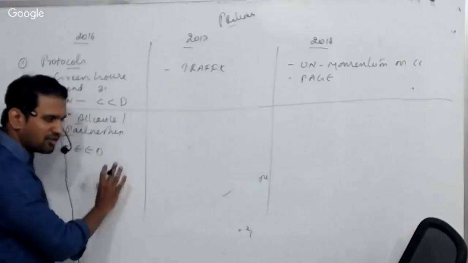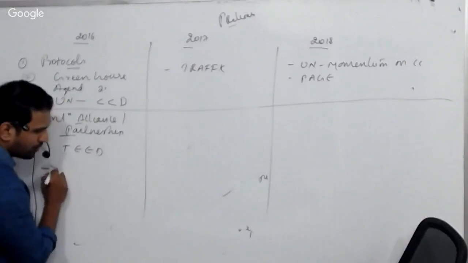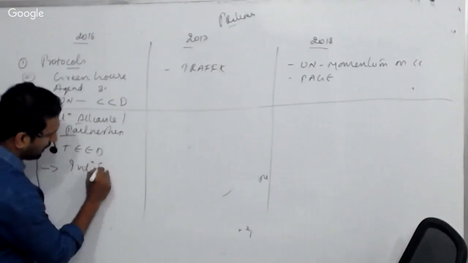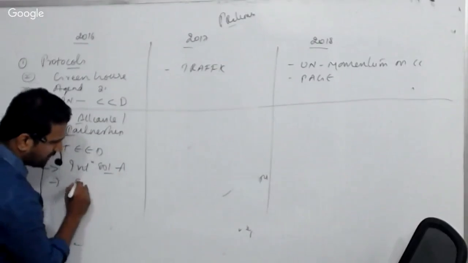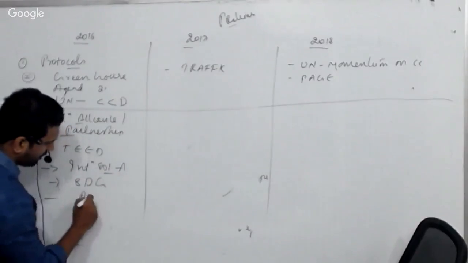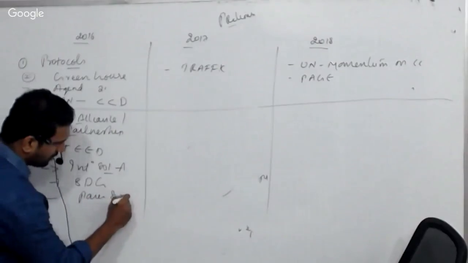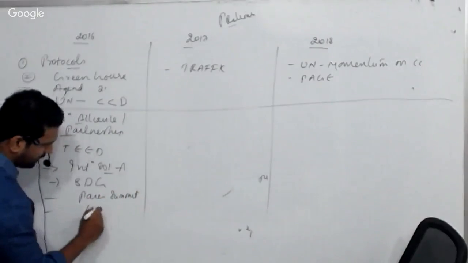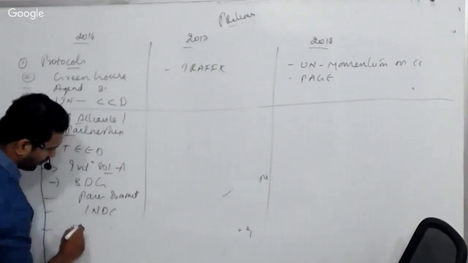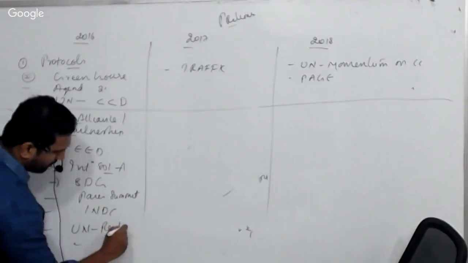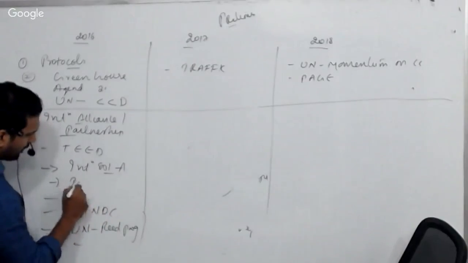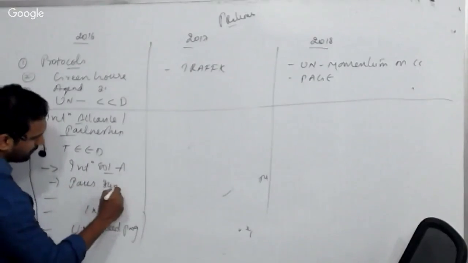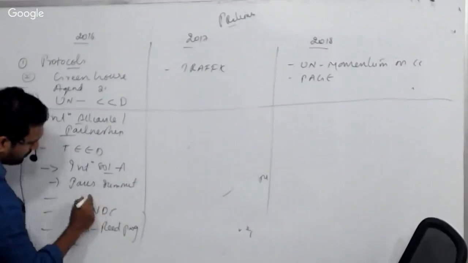There was a question on the International Solar Alliance, on SDG, on the Paris Summit, on INDC, and on the UN REDD program. Remember the C. These many questions have come.